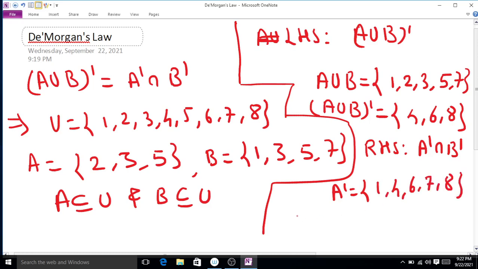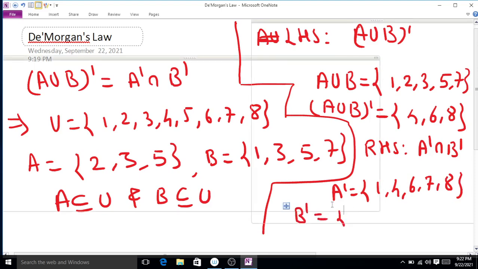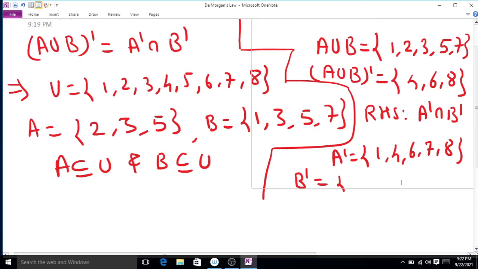This is A complement. Similarly, we want to determine B complement. So B complement is equal to {2, 4, 6, 8}.